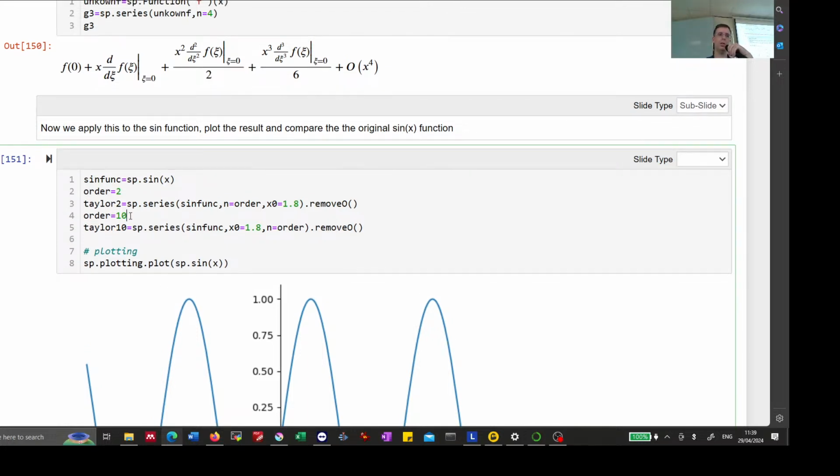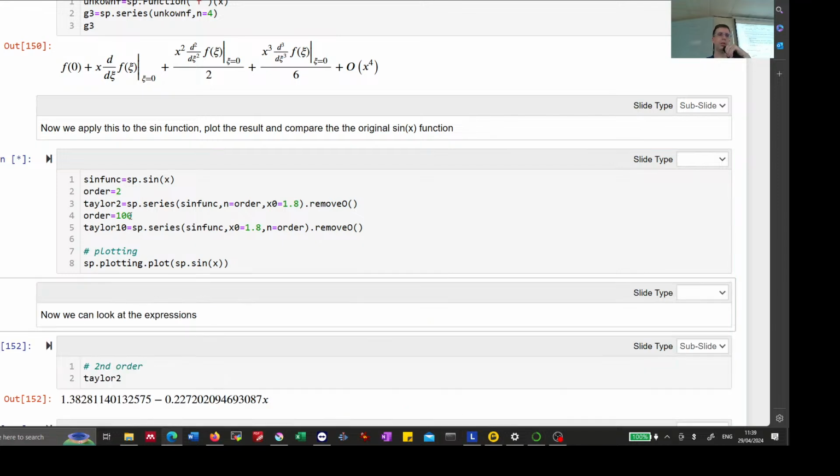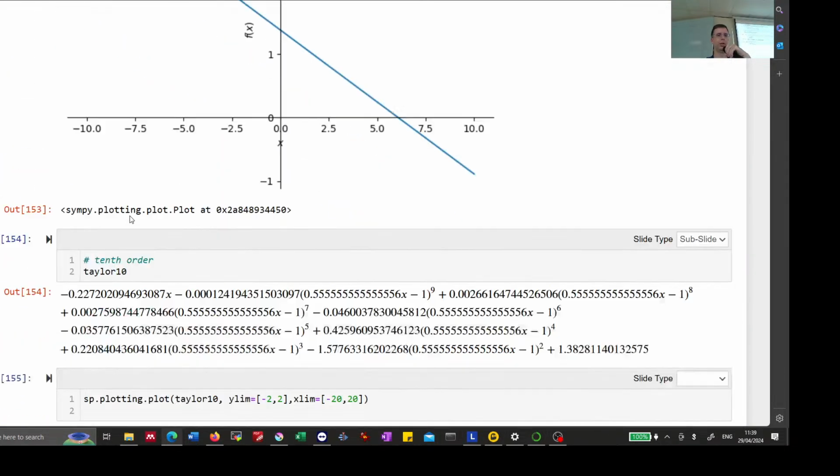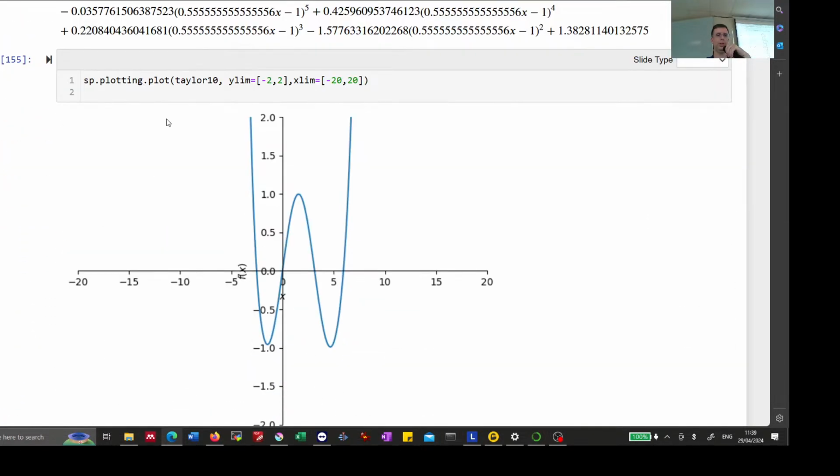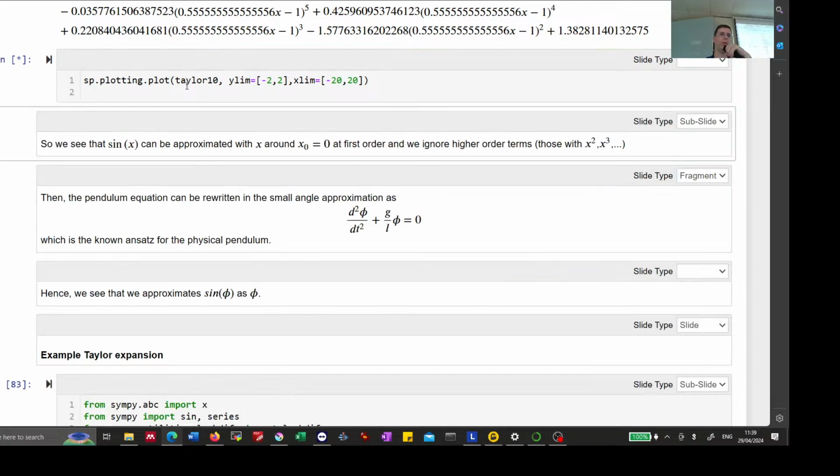So what I do now is I put order 100. So far, so good. Execute. This might take a while. And then I plot order 100. What we also could do is take our Taylor function and overlay it with the sine function. So plot two functions, the original and the Taylor.